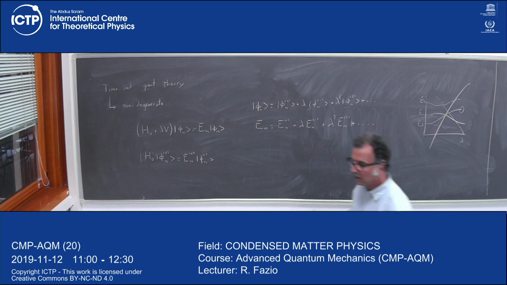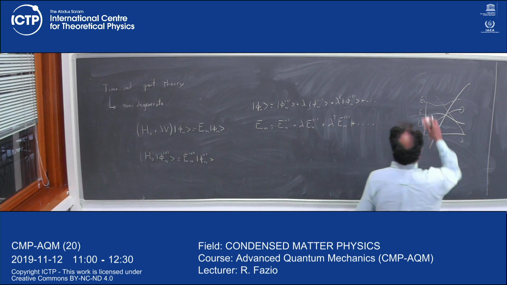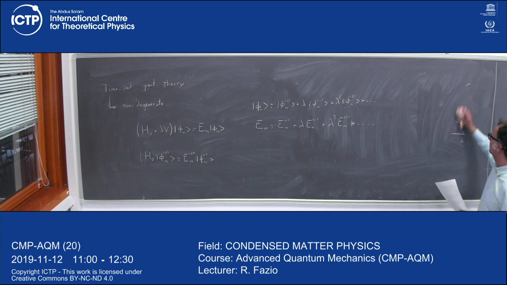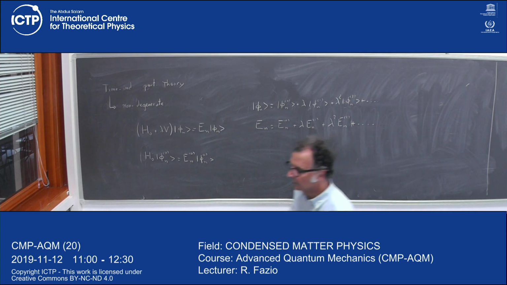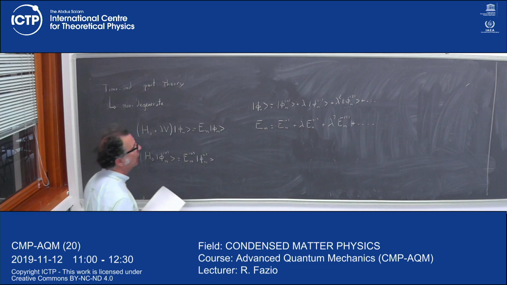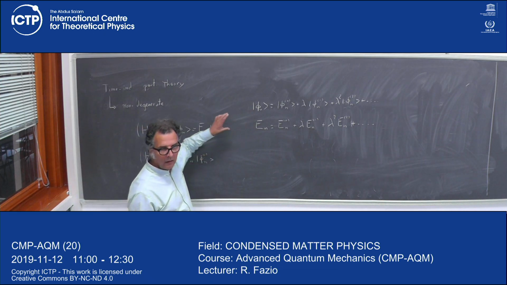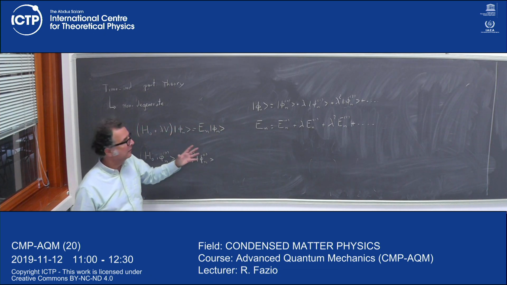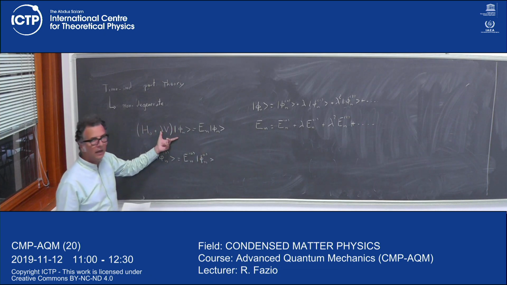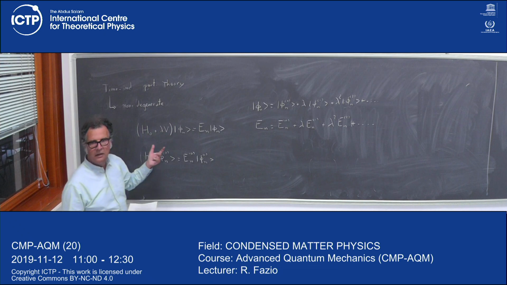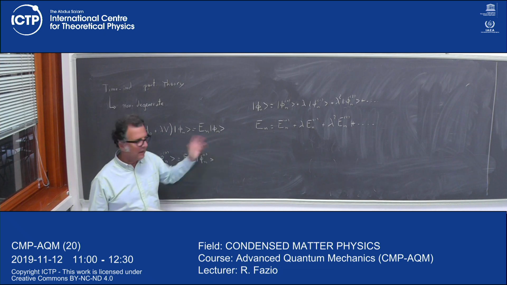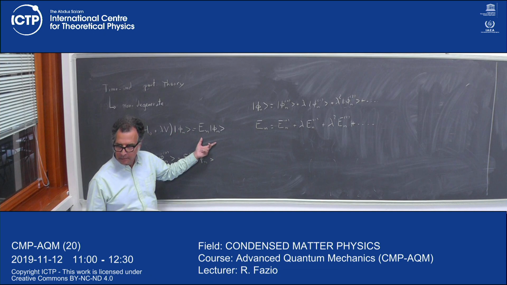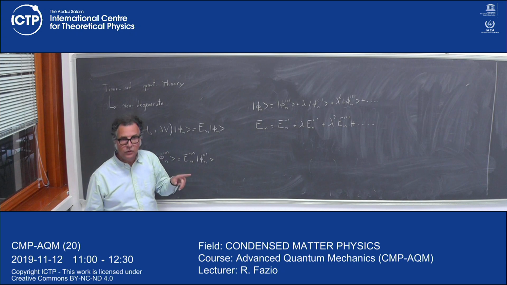So, let's go back to what we did yesterday and we discuss it again. So if I plug this thing here, I will get a polynomial in lambda on the right hand side and a polynomial in lambda on the left hand side, okay? Then, how do I find the solution?